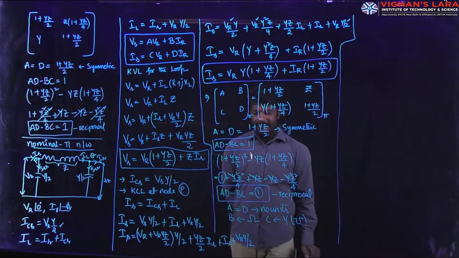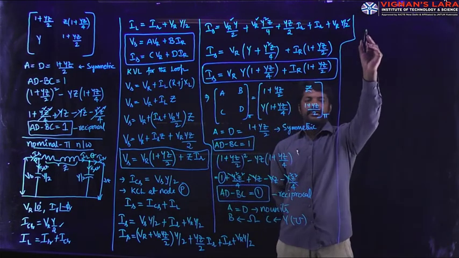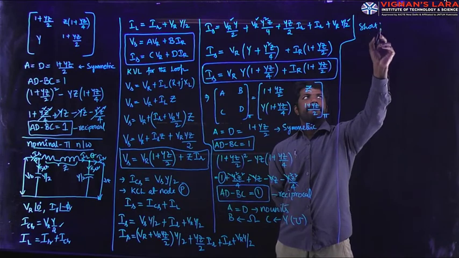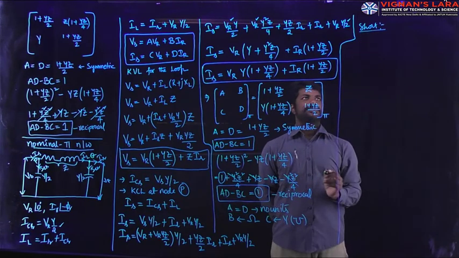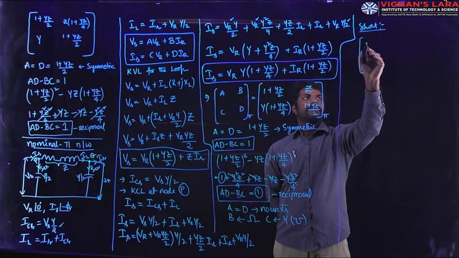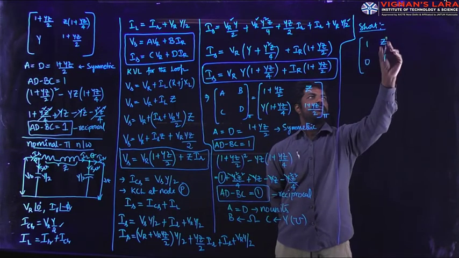On verifying them, we can write that, for a short transmission line, let me rewrite the formulas. For a short transmission line, the ABCD constants are 1, Z, 0, 1.